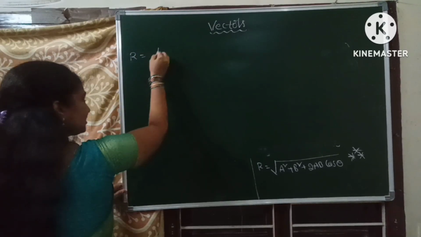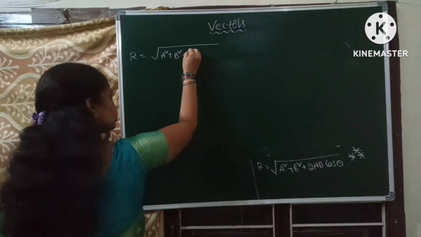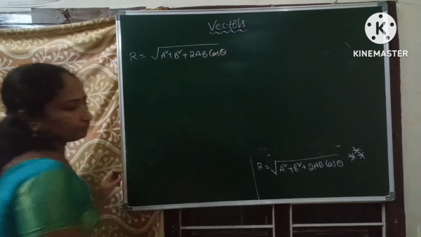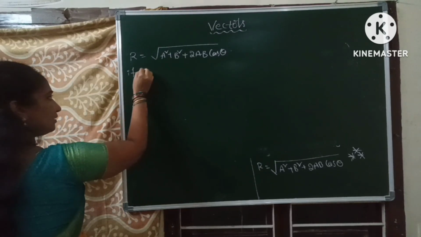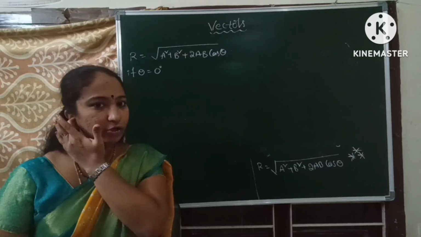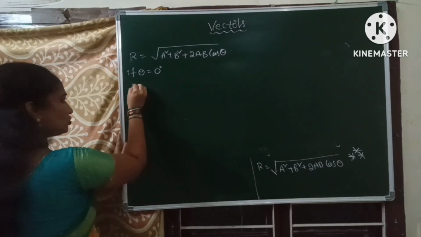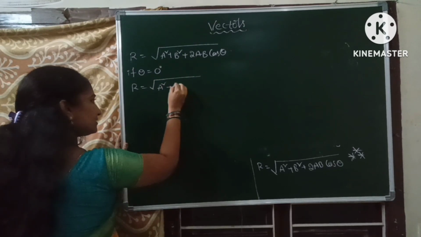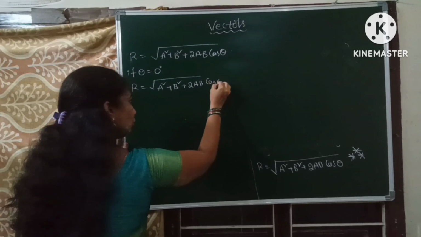Finally, the resultant is the square root of a square plus b square plus 2ab cos theta. For example, if theta is equal to 0 degrees, as we already discussed in vector addition, 0 degrees means both vectors are parallel to each other. Then the resultant becomes the square root of a square plus b square plus 2ab cos 0 degrees.